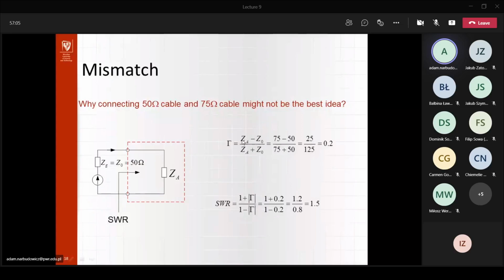Well, the equation is straightforward: ZA minus Z0 divided by ZA plus Z0. So we have 75 minus 50, which gives 25, over 75 plus 50, which is 125. So our reflection coefficient is 0.2, which means basically 20% of the amplitude of the electric signal will not get into the antenna and will be reflected back into your transmitter.